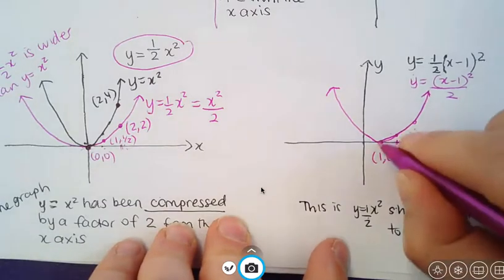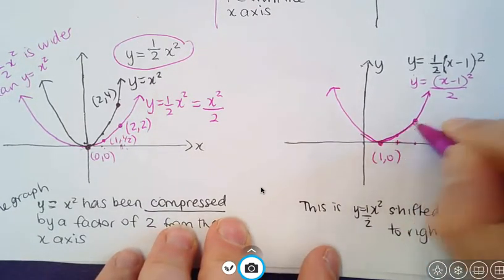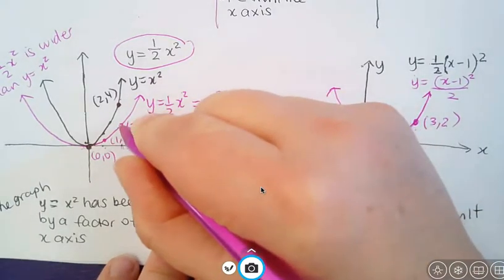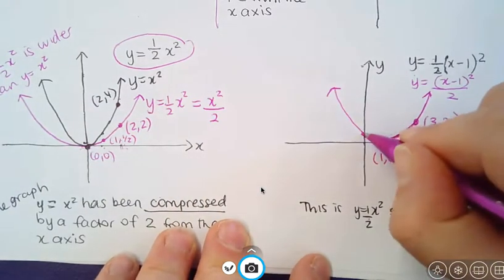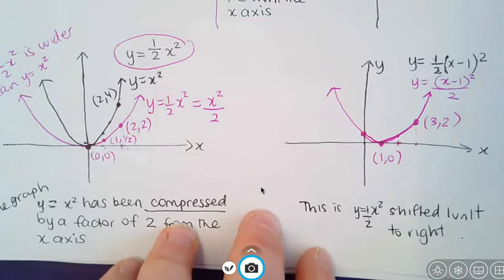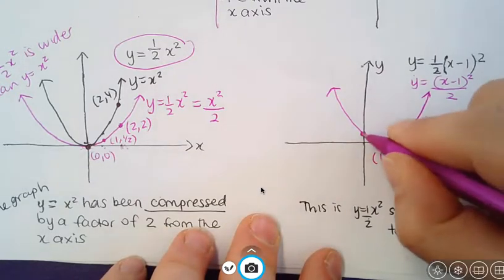So you're going to have to label some points. I've got 1, 0 as my vertex. This will be the point 3, 2, because it's this one moved across 1 unit. What's the y-intercept going to be? Well, that's when x is 0. When x is 0, what do you get?